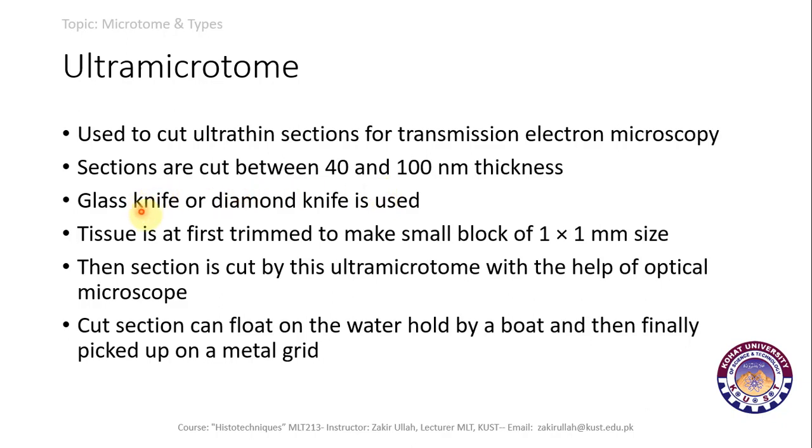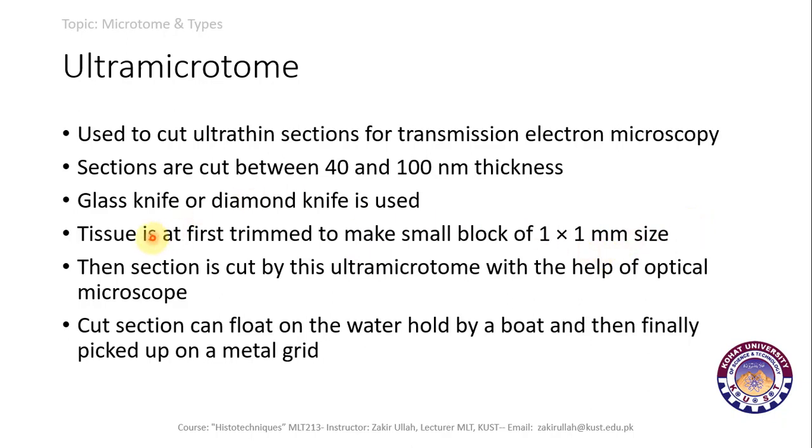In this type of microtome, the knife is made either from glass or from diamond, and in this microtome the tissue is first slightly trimmed to make a block of smaller size, about 1 into 1 millimeter.